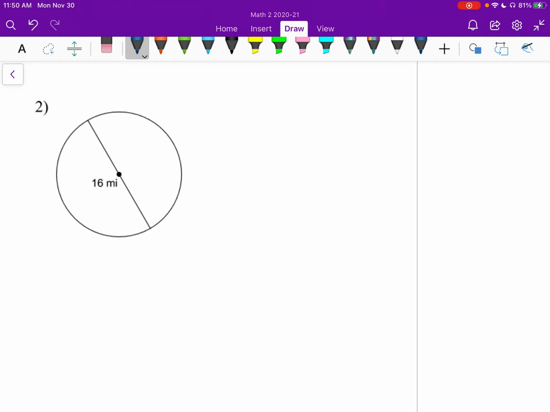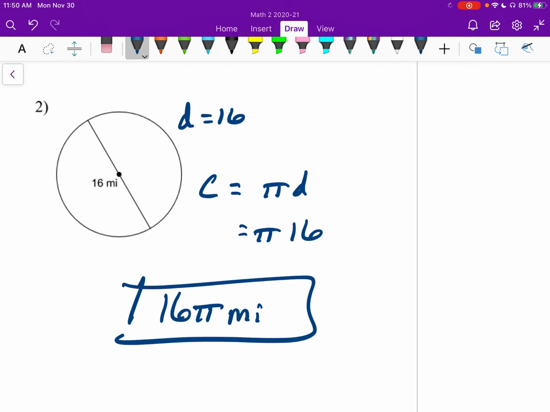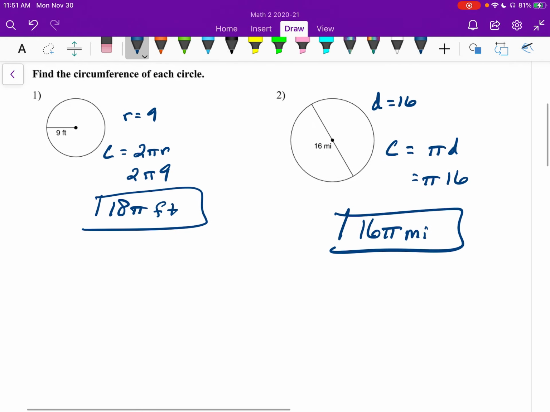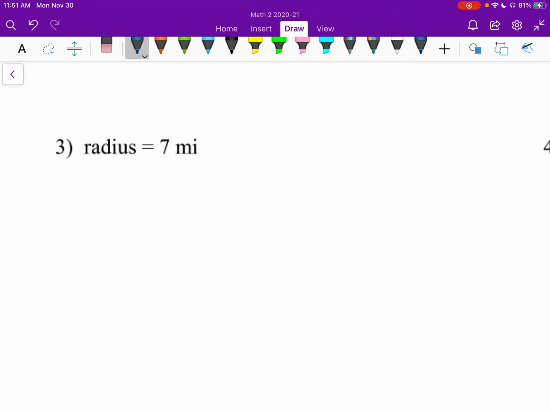Number two, our diameter is 16, so our circumference is pi diameter, or pi 16. We normally write the pi last, so I'm going to say 16 pi and miles. All right, number three, this one doesn't give us a picture, it just tells us the radius is 7.